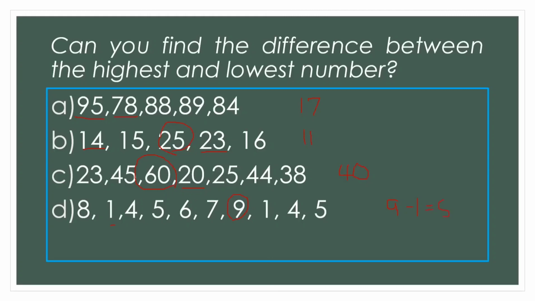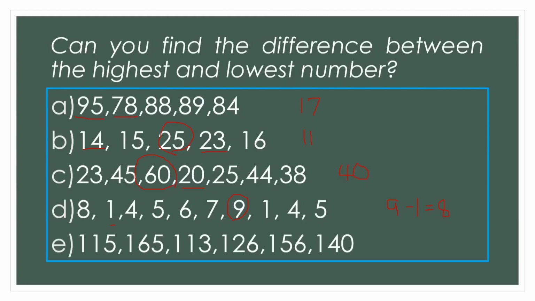That is the answer to letter D. And for the last one, what is the difference? Our highest number is 165 and the lowest number is 113. Subtracting those two, the result is 52.